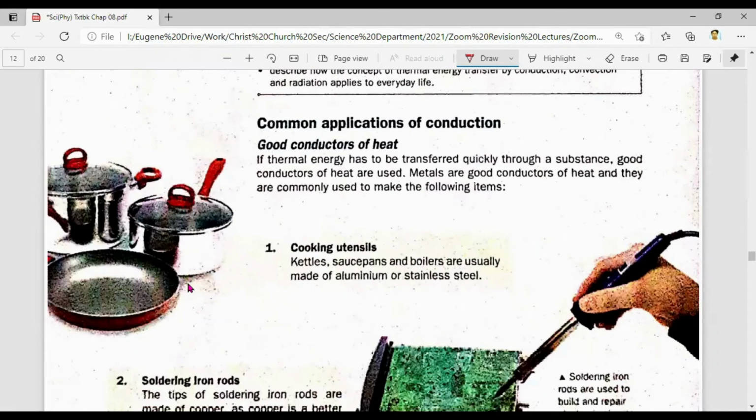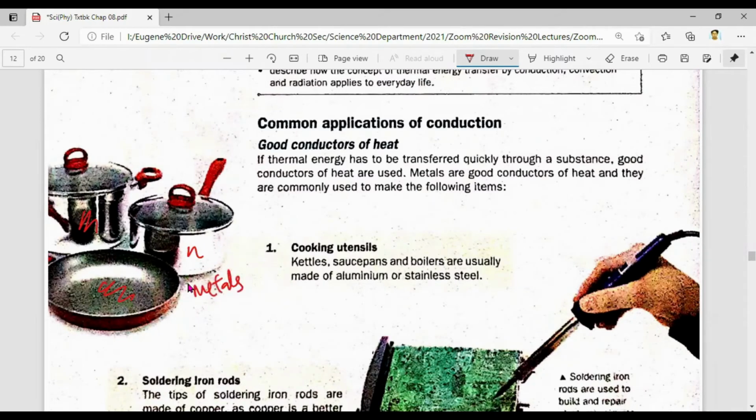Now, what is happening is that cooking utensils, all these surfaces, are all metals. Why? You want the heat to be transferred through the pan to the food quickly. So because I want the thermal energy to transfer, we use a good conductor of heat.